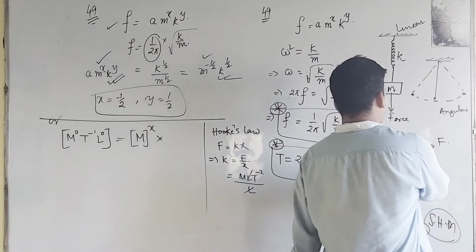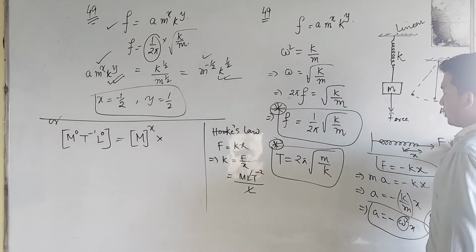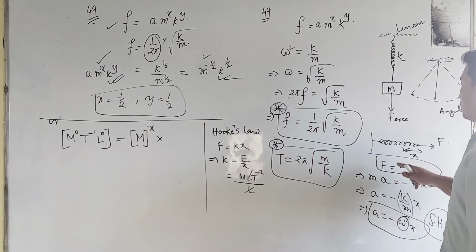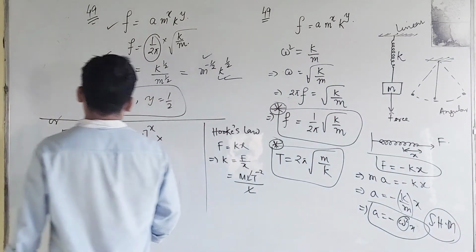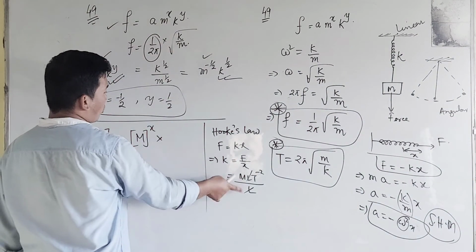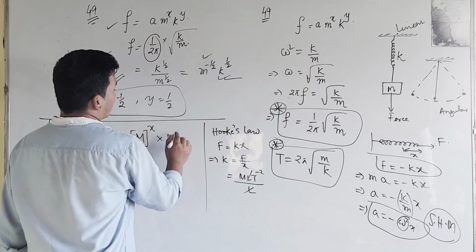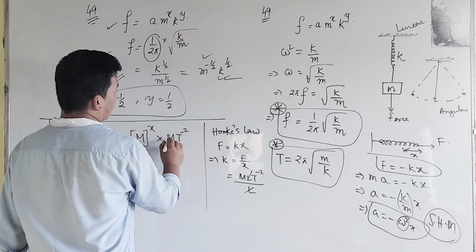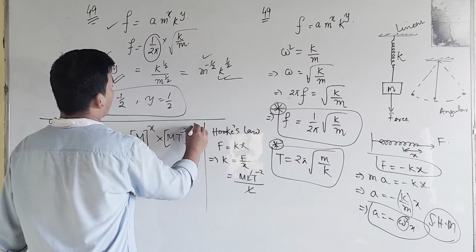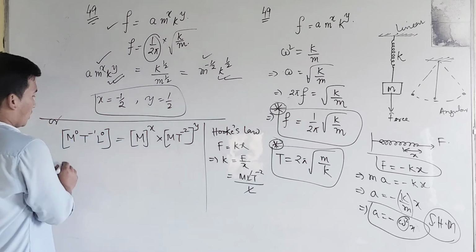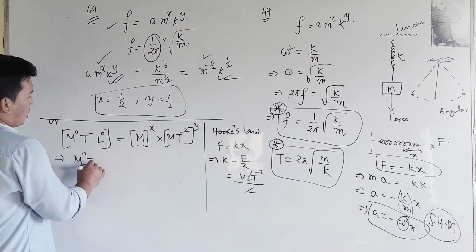If a spring is pulled by x distance, then the restoring force developed will be equal to kx. So the k value will be M T inverse 2, raised to power y, and this is equal to M0 T inverse 1 L0.